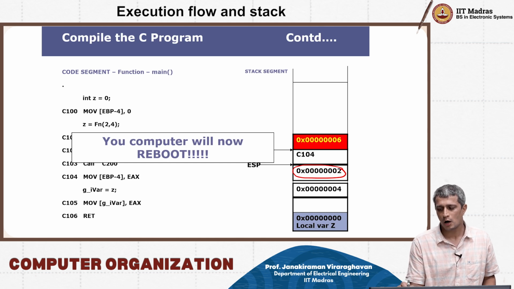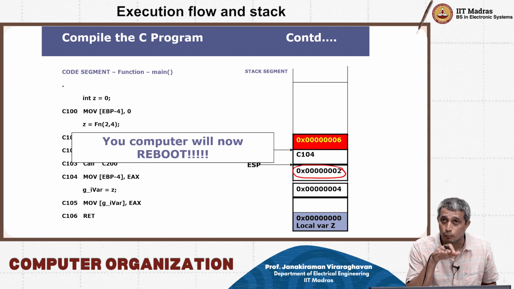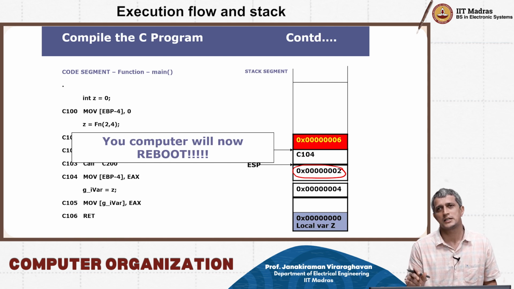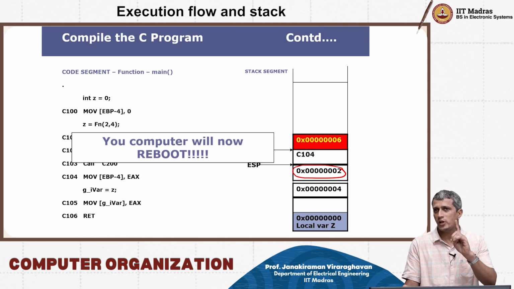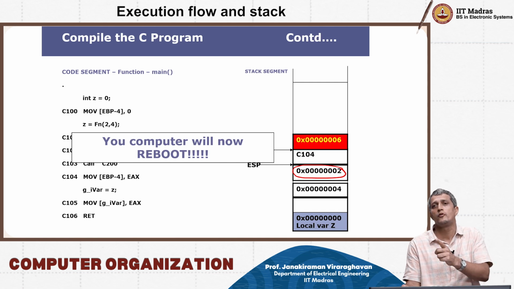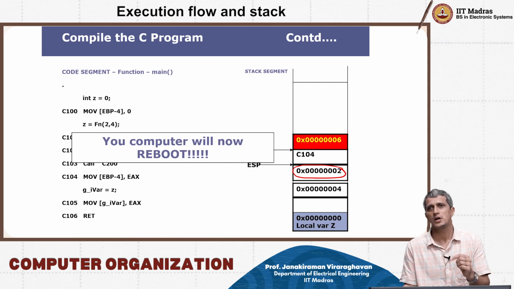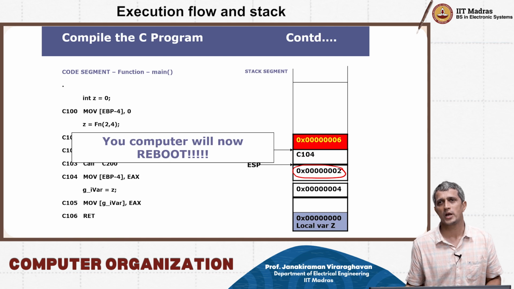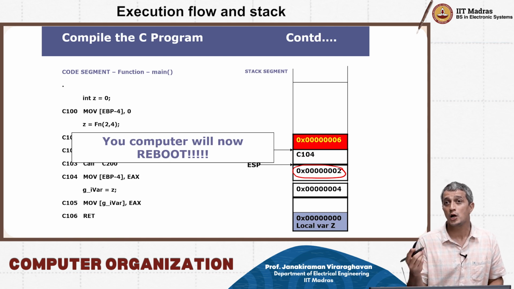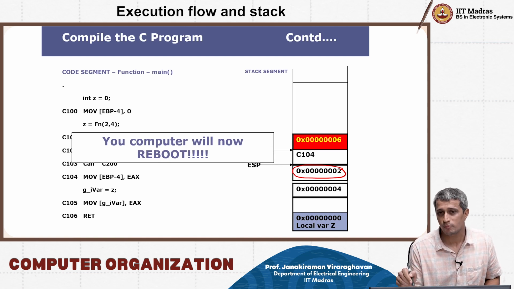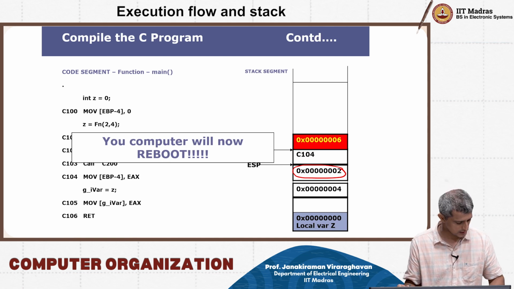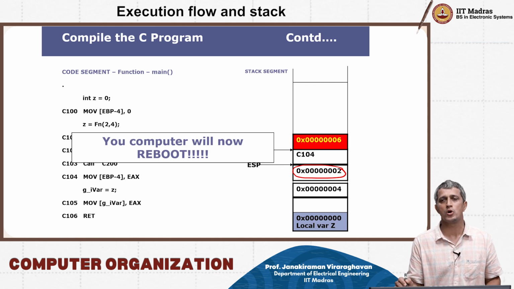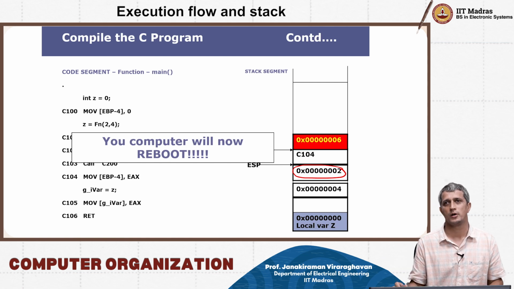Now that is pointing to some arbitrary function parameter that we pushed onto the stack. That's what the problem is, and this is what I told you. Every push or every stack operation that you do, you must undo before you exit that function. What is the function we are executing? Main. Okay, and therefore when you do this without undoing that push, you will land up with this problem. Your computer is simply going to reboot after this operation, right?